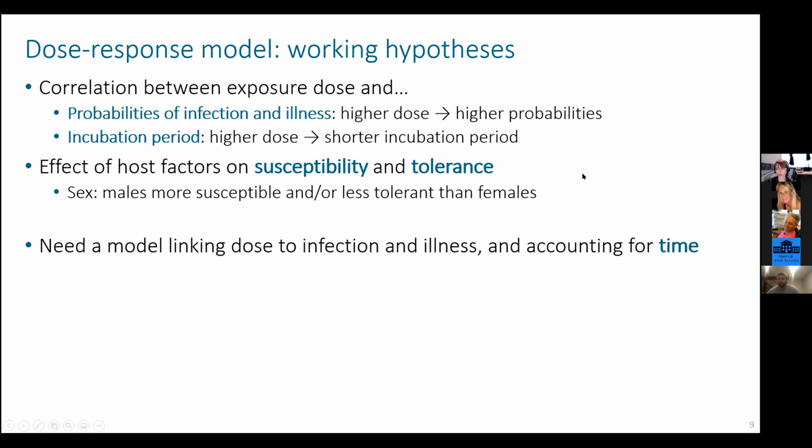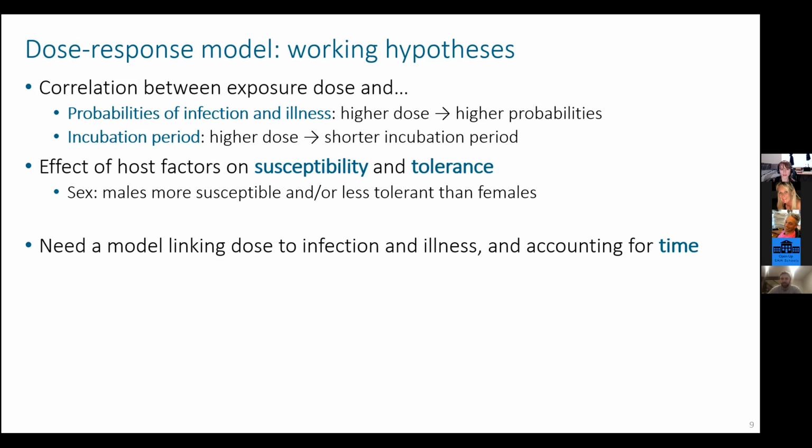So the hypotheses we are considering in this system are, first, that the probability of infection and illness are dose dependent, and notably the higher the dose, the higher those probabilities. But also that the incubation period will be dependent on exposure dose, and the higher the dose, the shorter the incubation period.